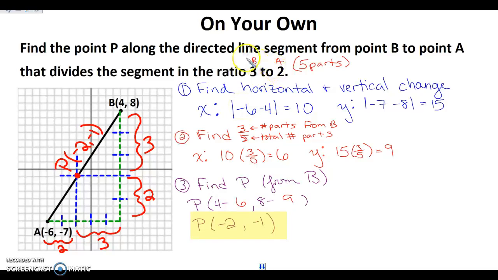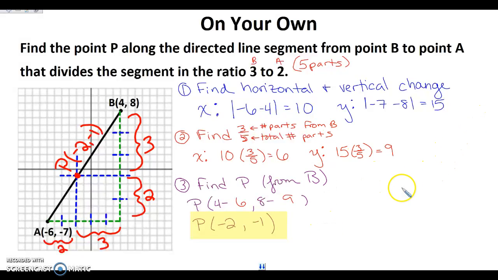Okay, so we want to go 3 parts out of the total 5. So that's why we're using 3/5. Another common mistake was to do, especially if you flip these and you did 8 minus 7, and you said that this length was 1 instead of 15, because you didn't do 8 minus -7. So be careful. Those were some of the big key mistakes that I have seen.